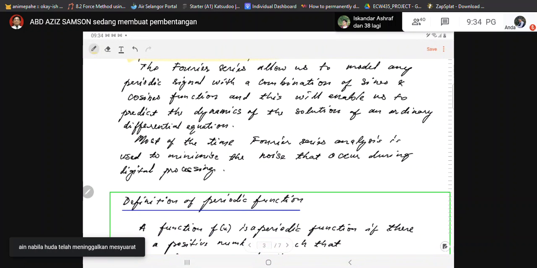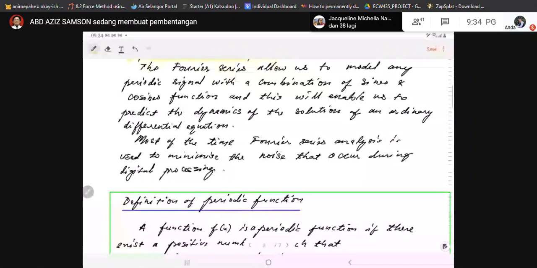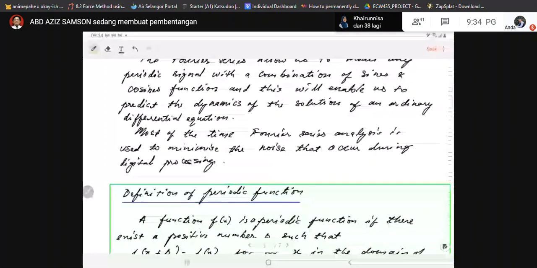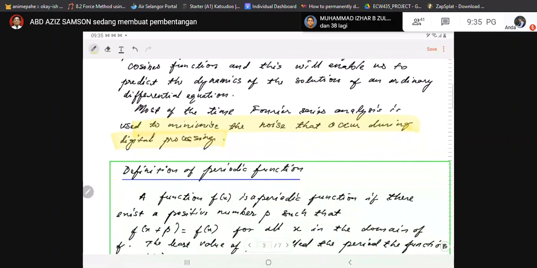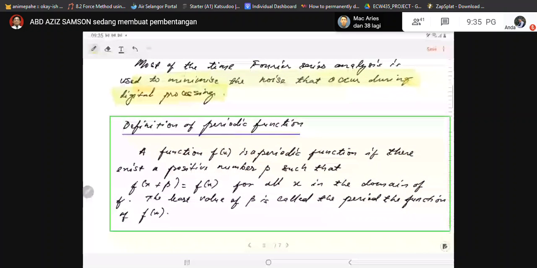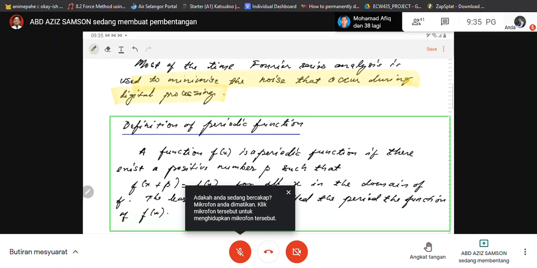So that's why Fourier series analysis is important. Most of the time we use it to reduce the noise in digital processing. In the digital age, we have to make use of Fourier series representations to reduce the noise.